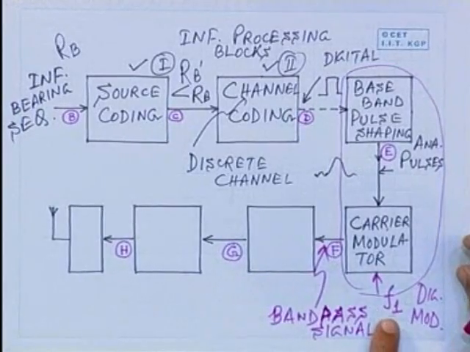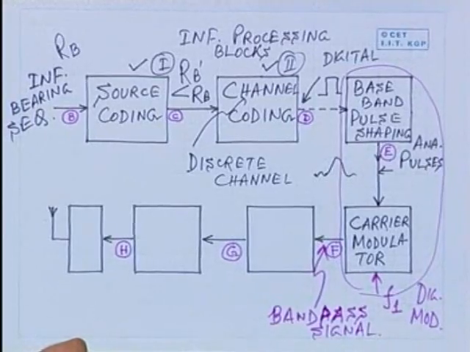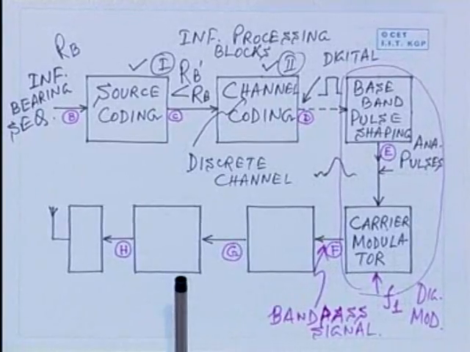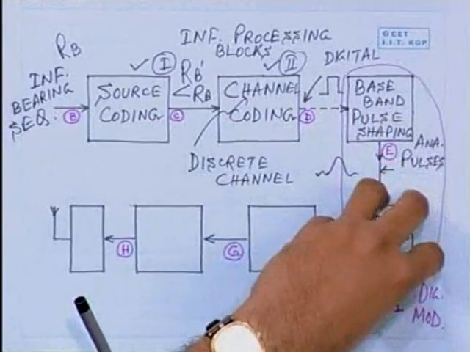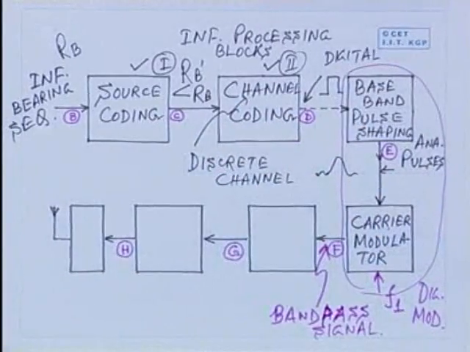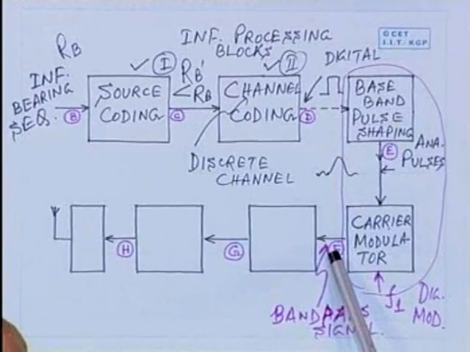That means the signal center frequency is at the modulating carrier frequency with a certain bandwidth. Usually the bandwidth of this band pass signal is much smaller compared to the center frequency. Usually that is the case in analog communication also. And when the modulation scheme is like that, we say that it is a narrow band modulation scheme, when the bandwidth of the signal at this point is relatively small.